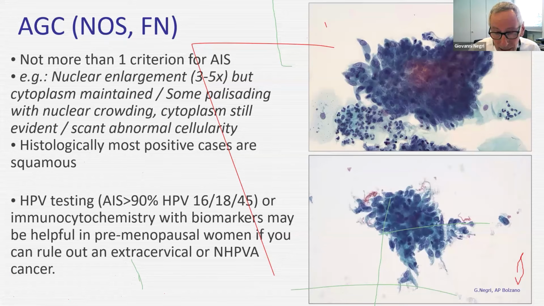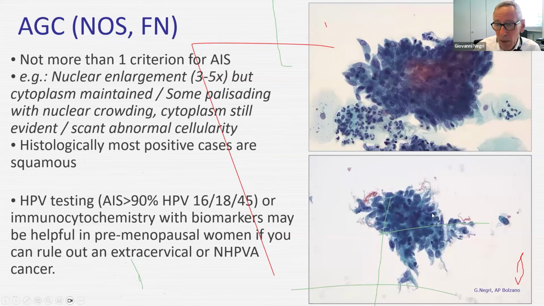In some cases, the differential diagnosis between reactive changes and particularly adenocarcinoma in situ may be quite difficult. And usually in these cases, you see only one criterion for adenocarcinoma in situ. For example, you see some nuclear crowding, as you can see here, but at the same time, at the periphery of the sheet, you see cells with a lot of cytoplasm, and maybe it's only the one group of cells that you have in your smear.